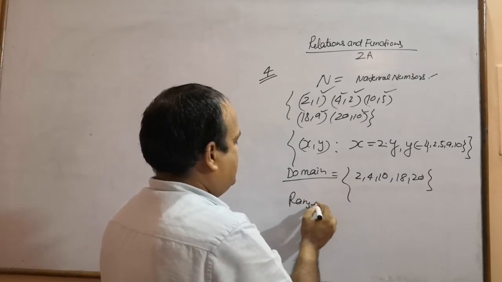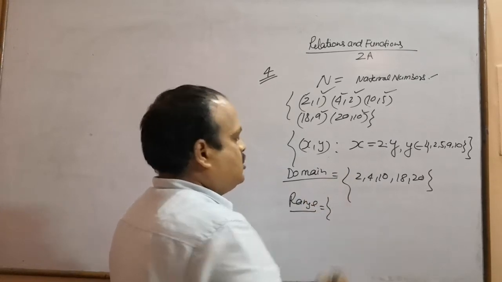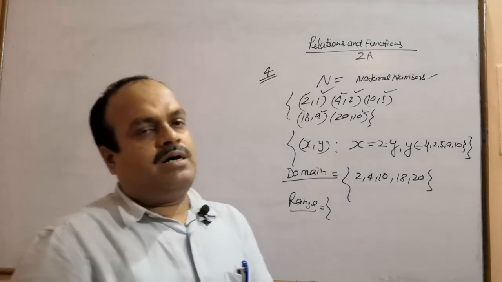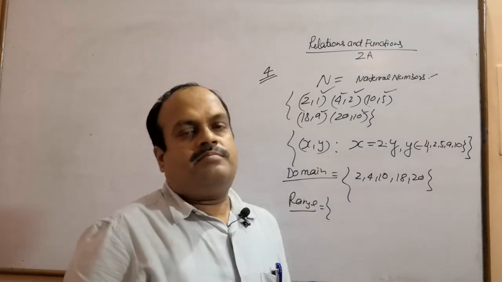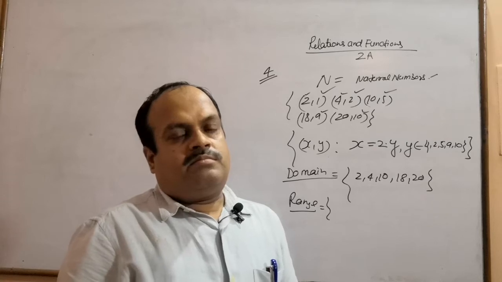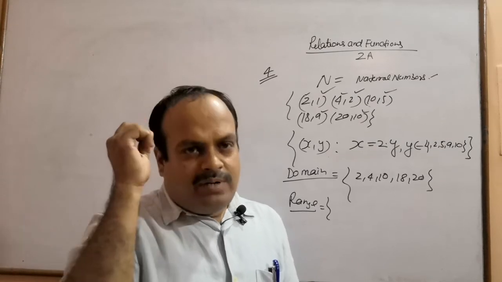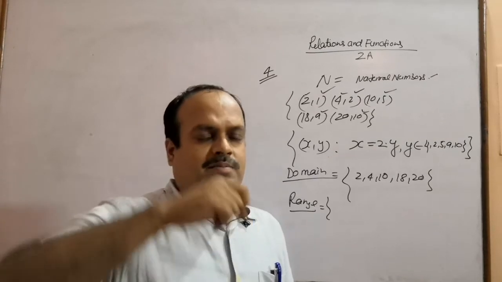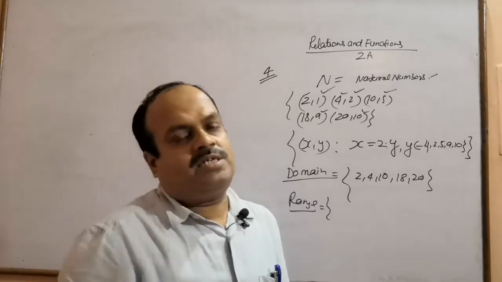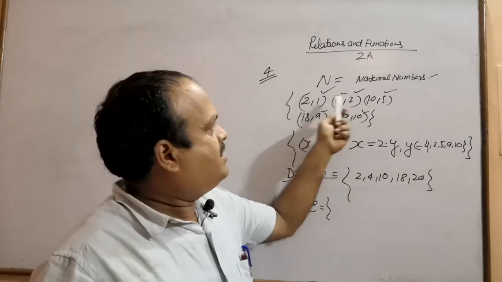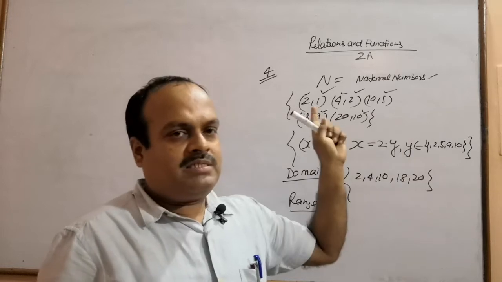Range. So range of a relation will be the collection of second entries of every element of the relation. We have here 1, 2, 3, 4, 5 elements.